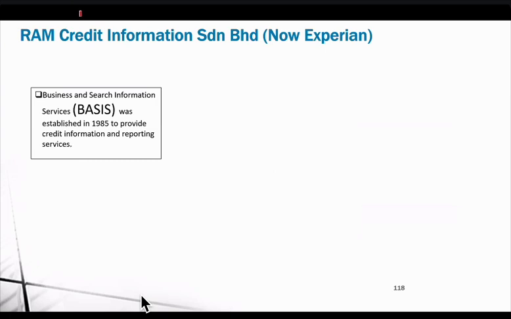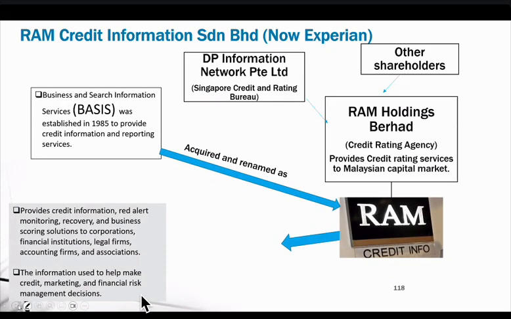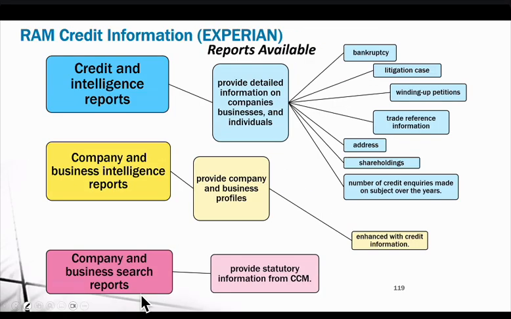Now, they mentioned in the book it was called RAM Credit Information, but as of recently they call it Experian. So this is where you do the basis report. It is acquired and renamed under Experian. Where they will test you in the exam will be what are the 6 types of report that you need to know for the exam.